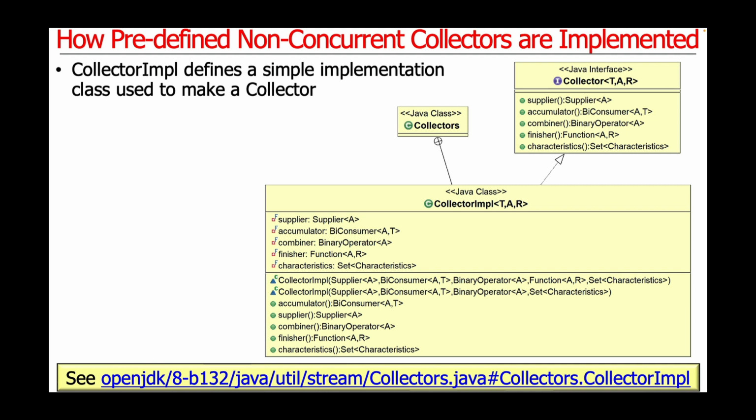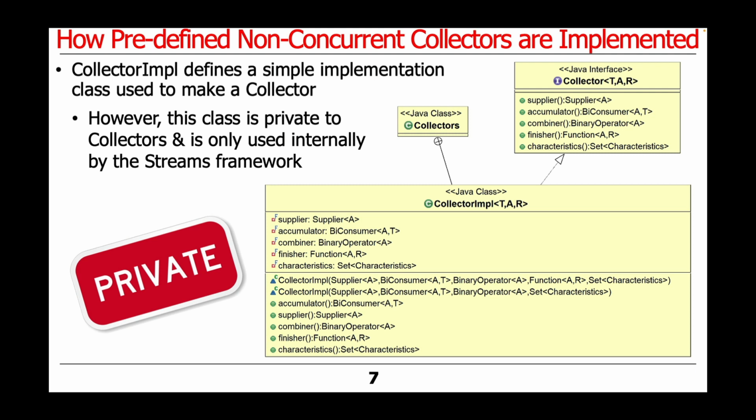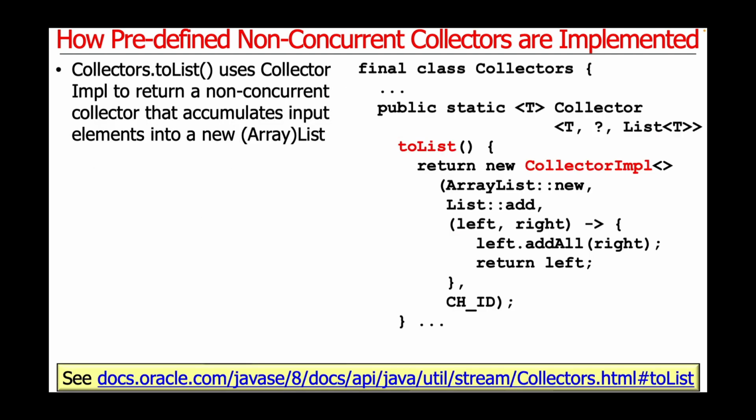It's nested inside of it. What's interesting, however, is that CollectorImpl is private. So you can't access it unless you work for Oracle and you're a Java implementer. You're implementing the Java class library. So it's only used internally, but let's see how it's used internally.